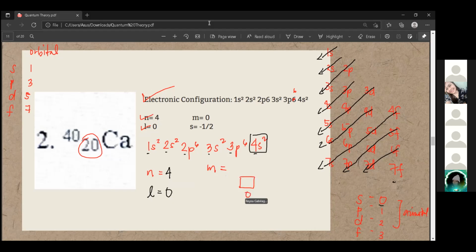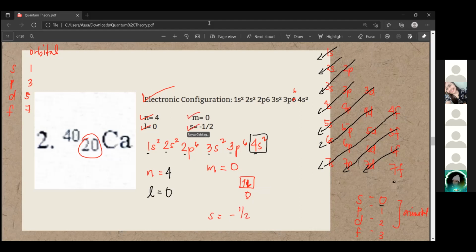But how many electrons are this? We have 2 electrons on the last configuration. So you have 1 and 2. So this is automatically 0. As you can see here, you have no choice for the S. But for the spin, since the last electron is going down, so this is -1/2.